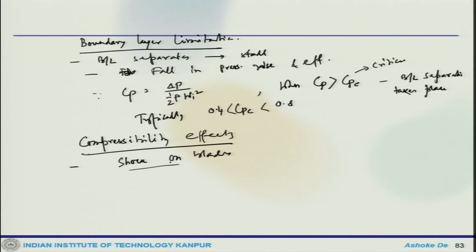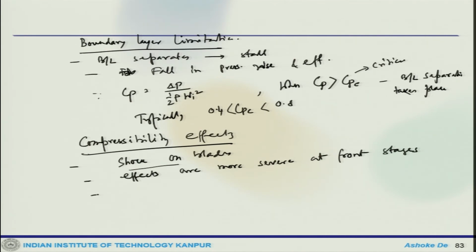So, when there are high speed flows like transonic and supersonic flows, there could be oblique shocks on the blades, which may lead to shock induced separation. So, these effects are more severe at the front stages. This kind of issue, the shock induced separation or blade stresses and loading on the blade, would be more severe at the front stages.